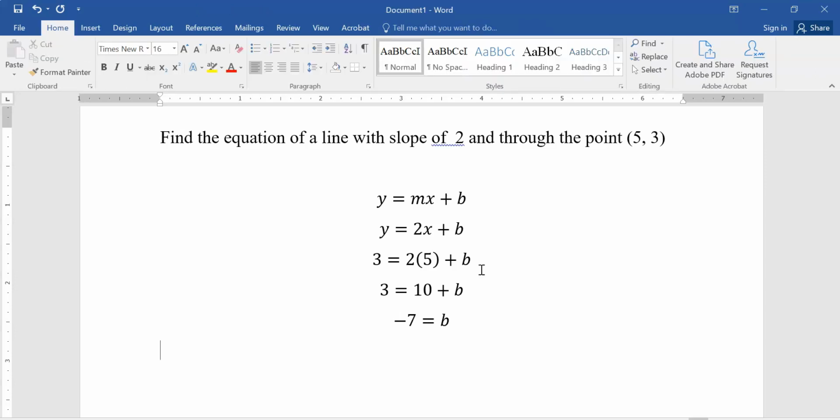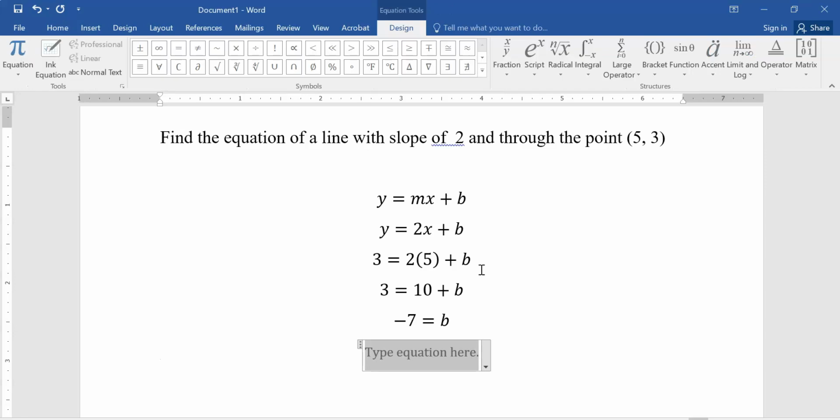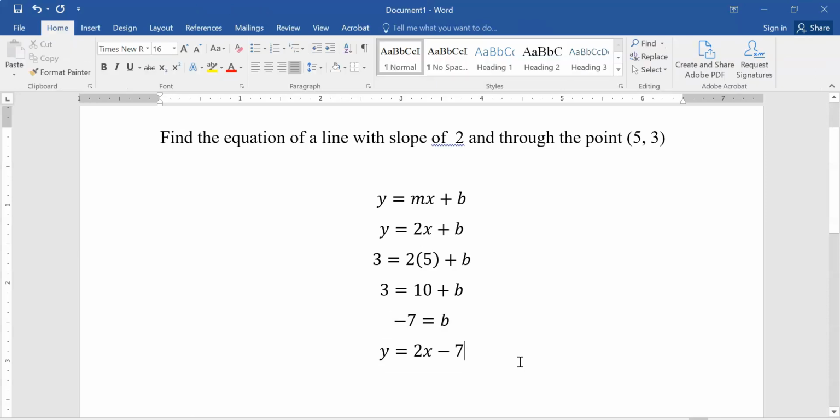Again, we're not quite done yet. What we need is the equation. Now that I know my slope is 2 and my b is -7, we write y equals 2x minus 7. Or you could write y equals 2x plus -7. Either way, this is your final answer.